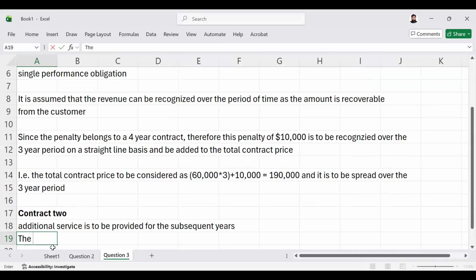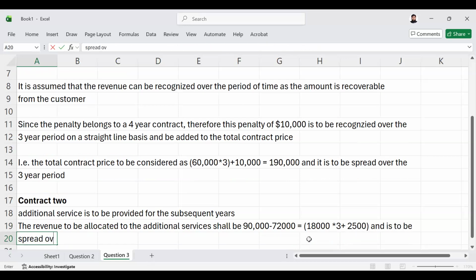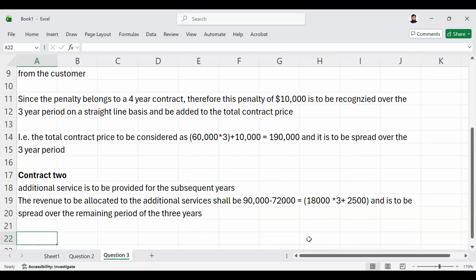The revenue to be allocated to the additional services shall be 90,000 minus 72,000, which is 18,000, multiplied by 3, plus 2,500, and is to be spread over the remaining period of the 3 years. So this is how you have to record it.